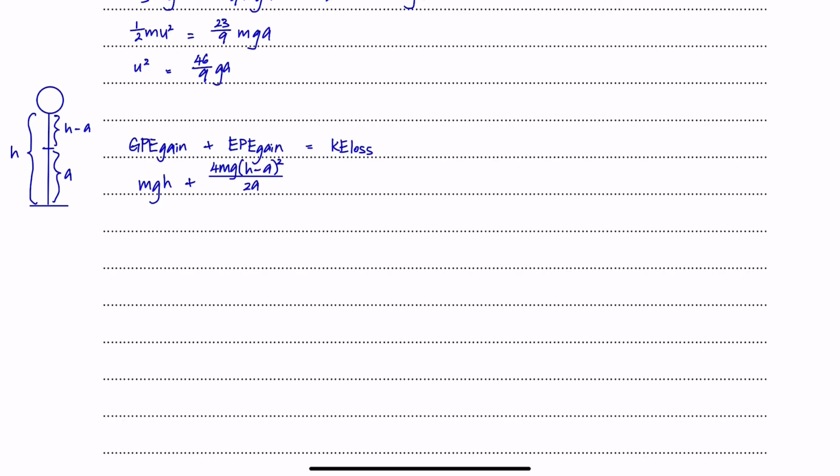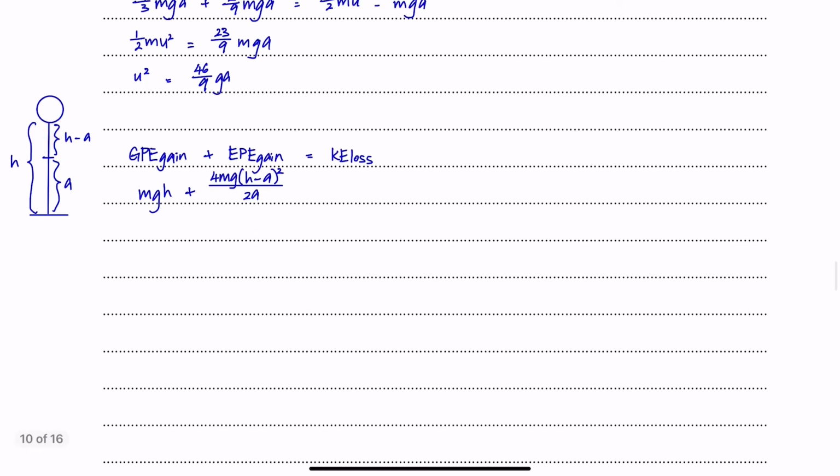Like what I said, the extension is actually this part, so h minus a. And for the kinetic energy loss, it's just half m times the initial speed squared, which is 46 over 9 ga. See, this is already squared, so we don't have to square it anymore.